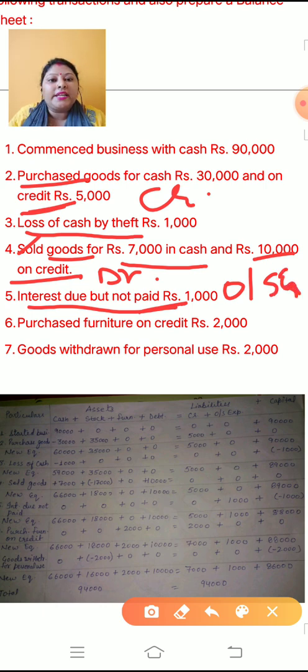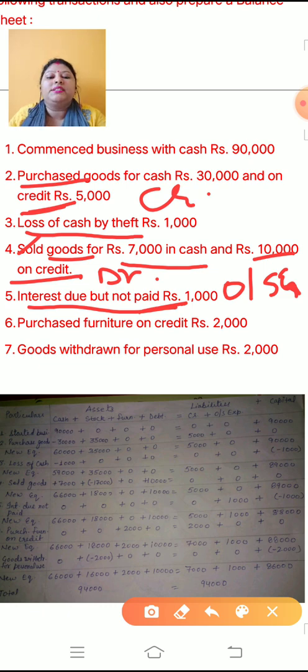I already classified asset, liability, expense, income in the previous part of the same chapter. We have done one question also, so do revise this topic. Outstanding expenses is a liability.